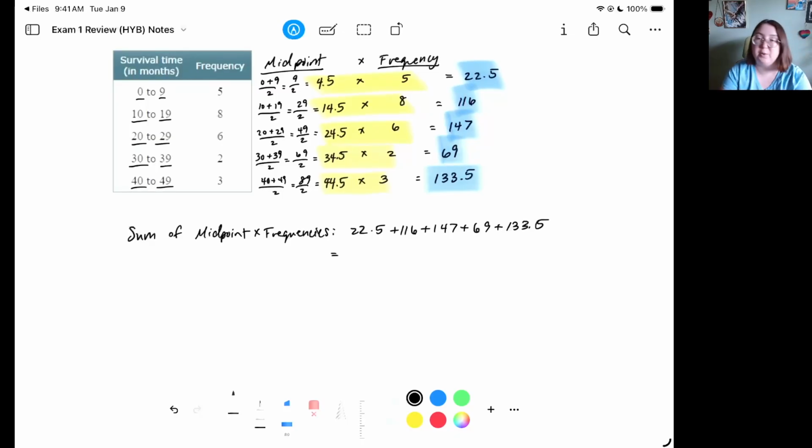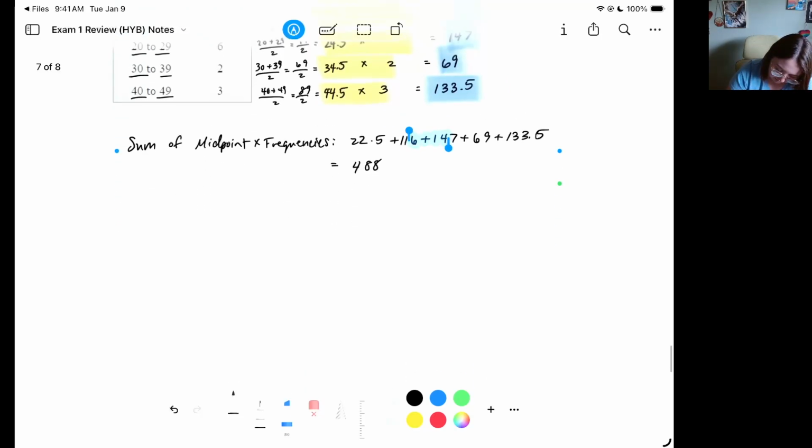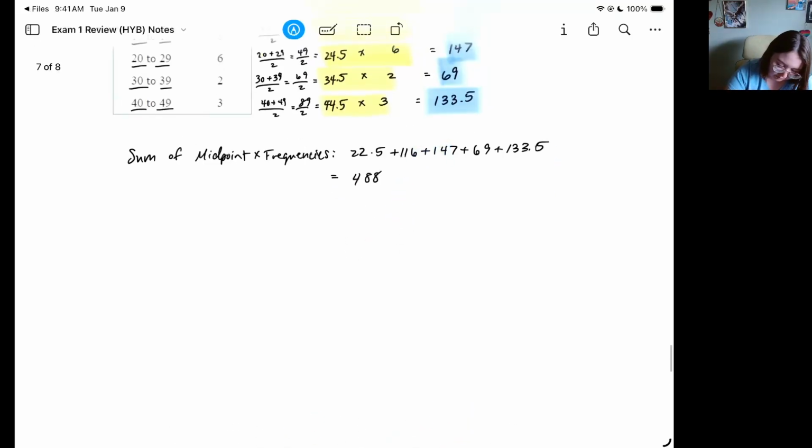So we're going to figure out what those add up to. With calculators, or brains, we can add those together. And this should give us 488.